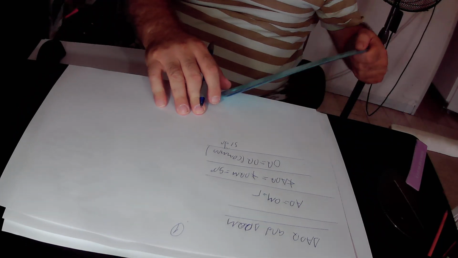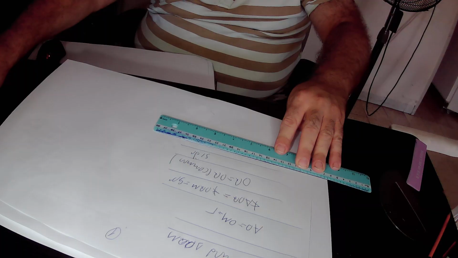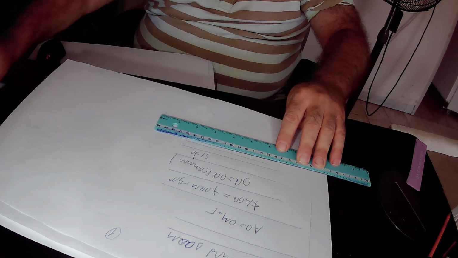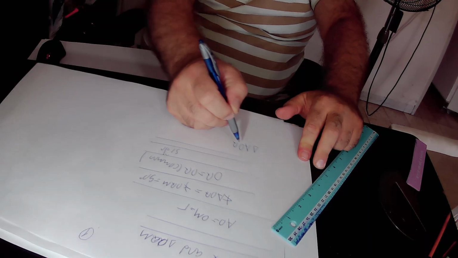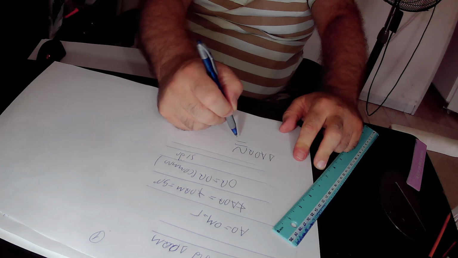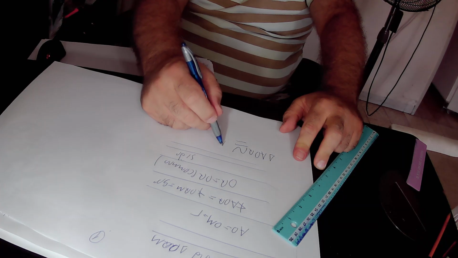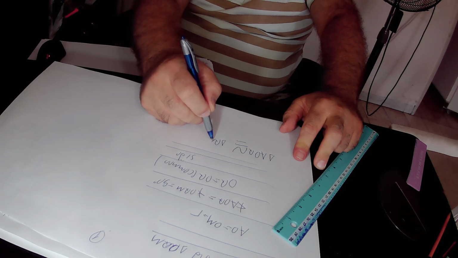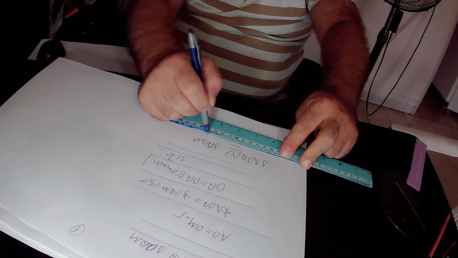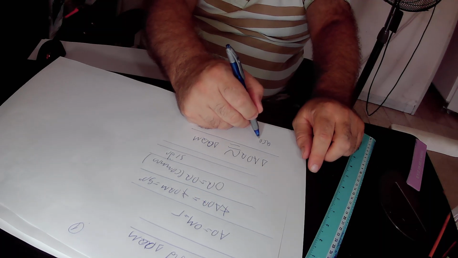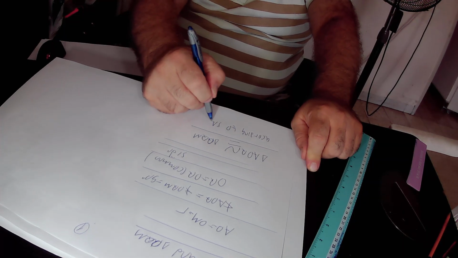We prove that the upper right triangle AOQ is congruent, this is the sign of congruent, to the lower right triangle OQM, according to the side angle side rule.